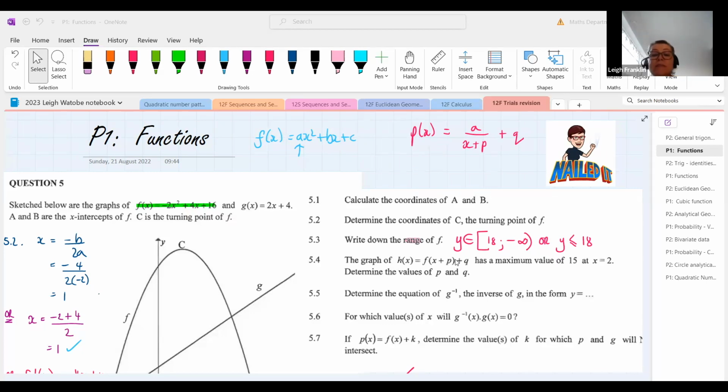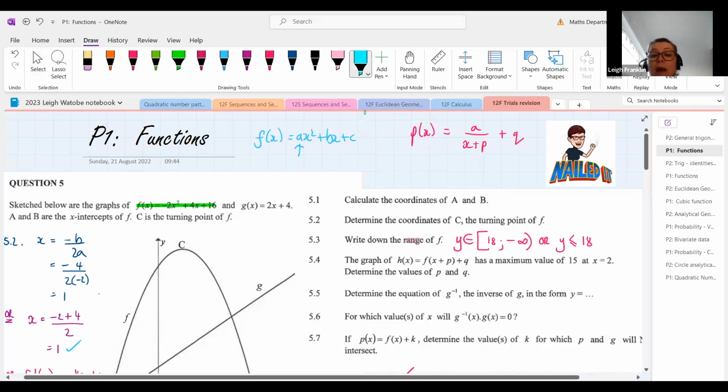So when we see the q at the end, the q at the end symbolizes a shift up or down because we have added on or subtracted from y being h of x. When we add or subtract on x inside the bracket over here, we are implying there has been a what sort of movement?